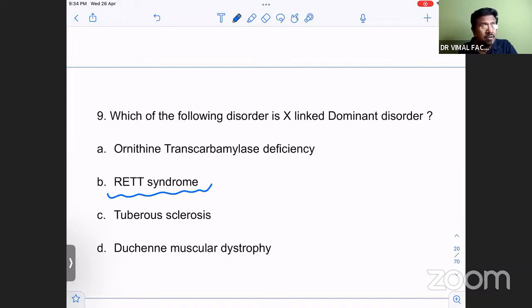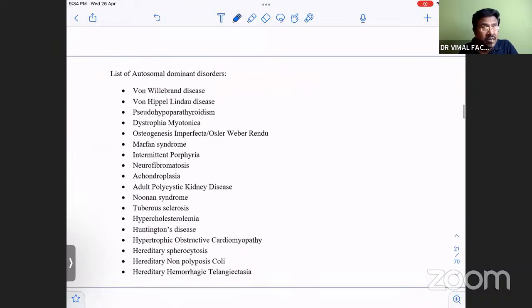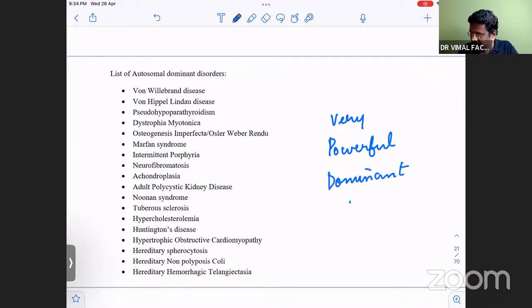I hope you would have revised your list of autosomal dominant disorders, and the mnemonic which I told you: very powerful dominant, and an additional H you will be remembering. So von Willebrand disease, von Hippel-Lindau disease, pseudohypoparathyroidism, and dominant dystrophia myotonica, osteogenesis imperfecta, Osler-Weber-Rendu, Marfan.